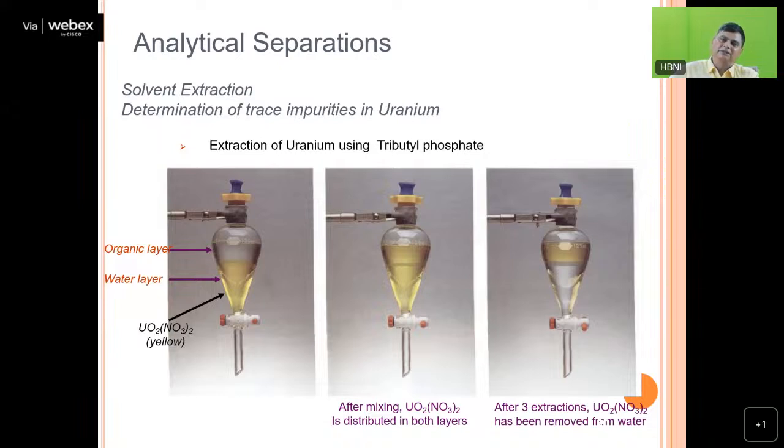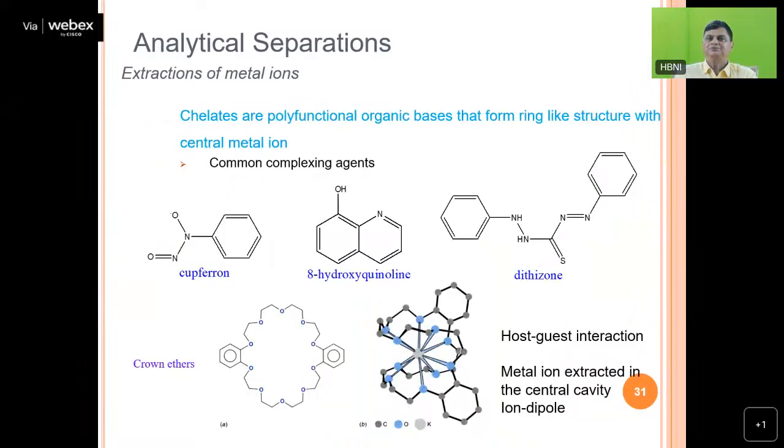The trace elements are water soluble, so they will stay in the water layer. After the solvent extraction, I take out the water and perform the analysis of the trace elements in the uranium sample.